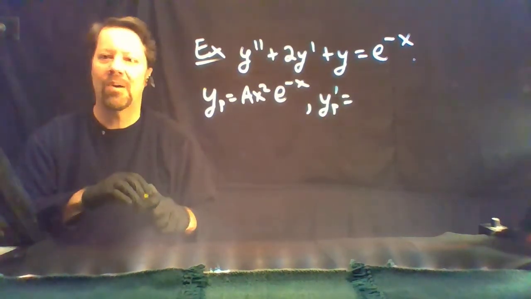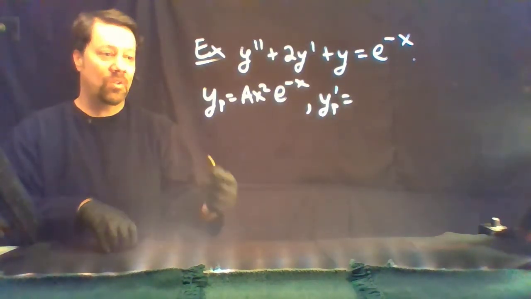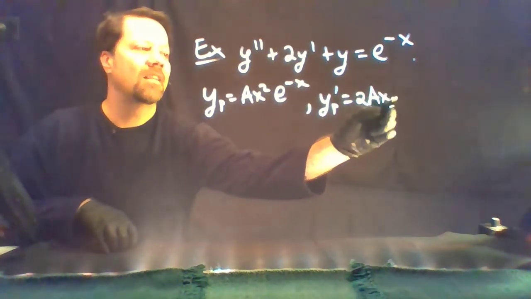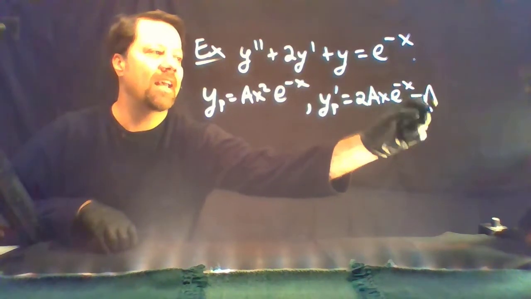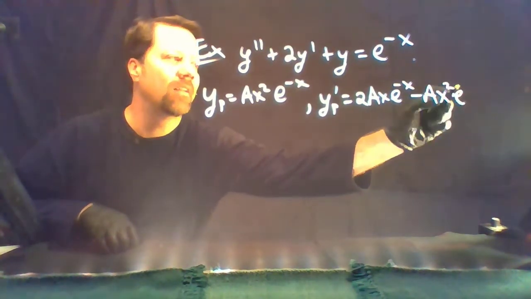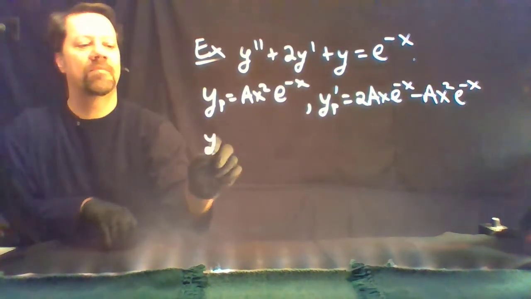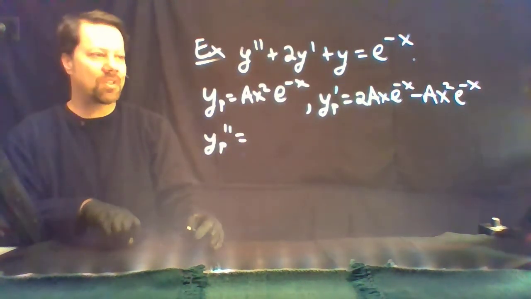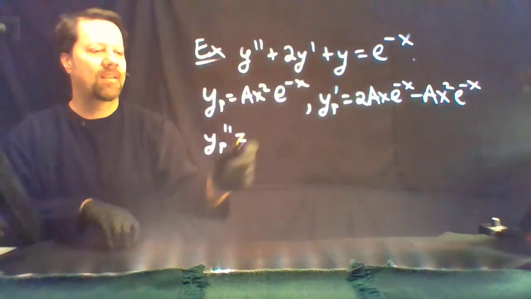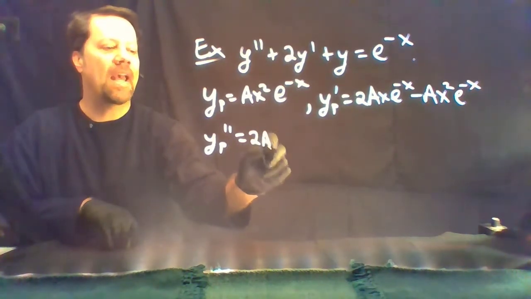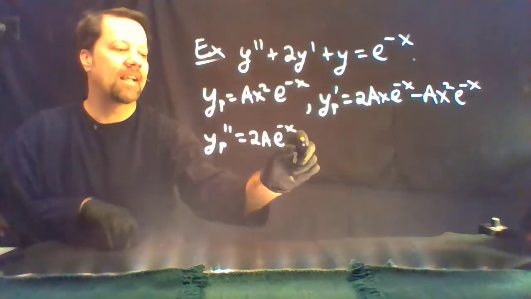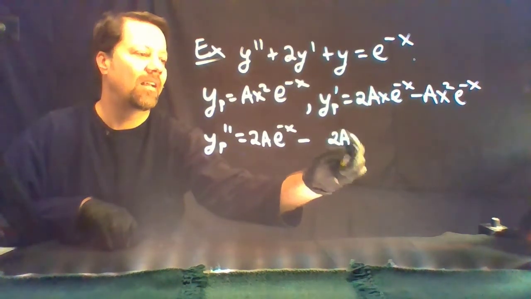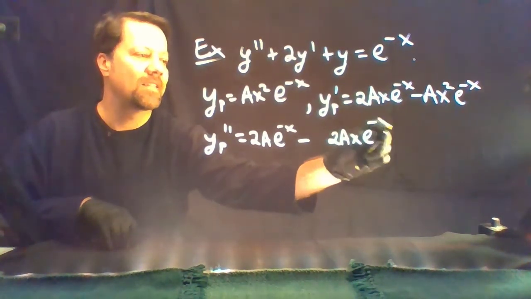what is yp prime? We need to use the product rule. So we have 2ax e to the minus x minus ax squared e to the minus x. For the second derivative, we need to calculate using the product rule twice. That gives us 2a e to the minus x minus 2ax e to the minus x.